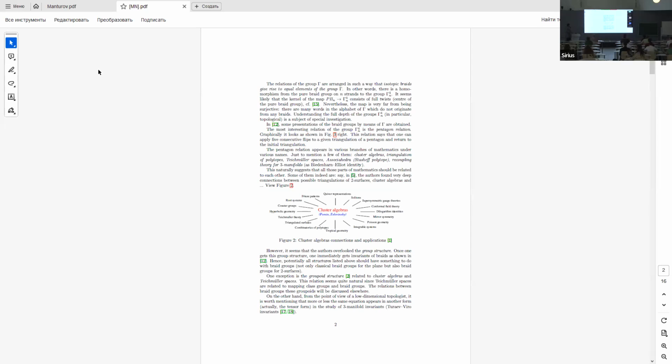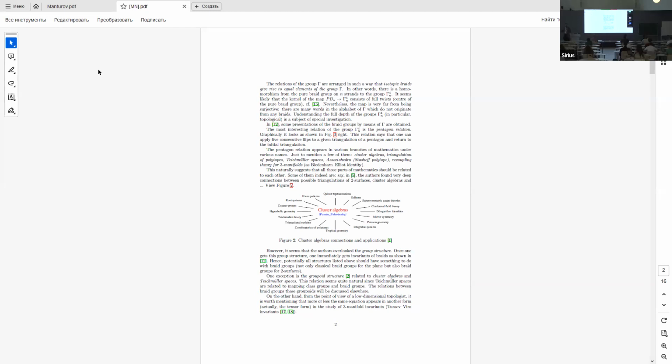Can you scroll it here? In order to say that we got solutions to the pentagon equation, that some invariants of braids gave rise to invariants of 3-manifolds and vice versa, the crucial thing was that both topological notions, braids and 3-manifolds, required a solution to the same equation, actually the pentagon equation.